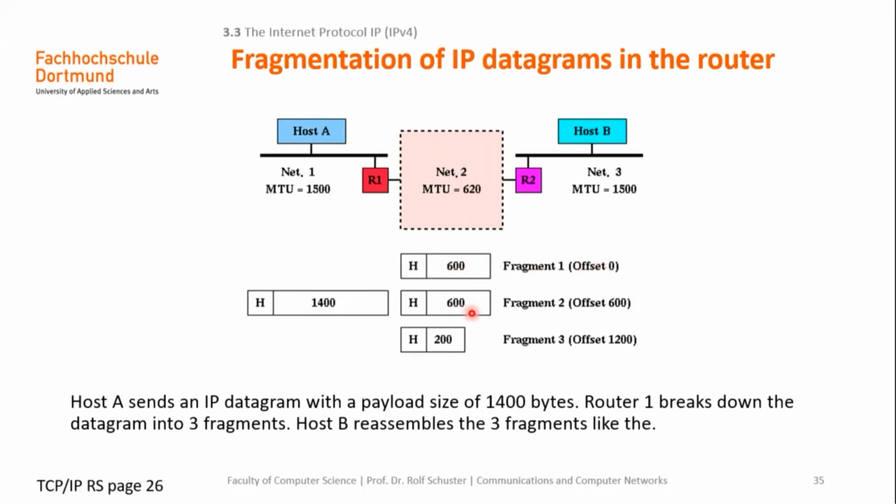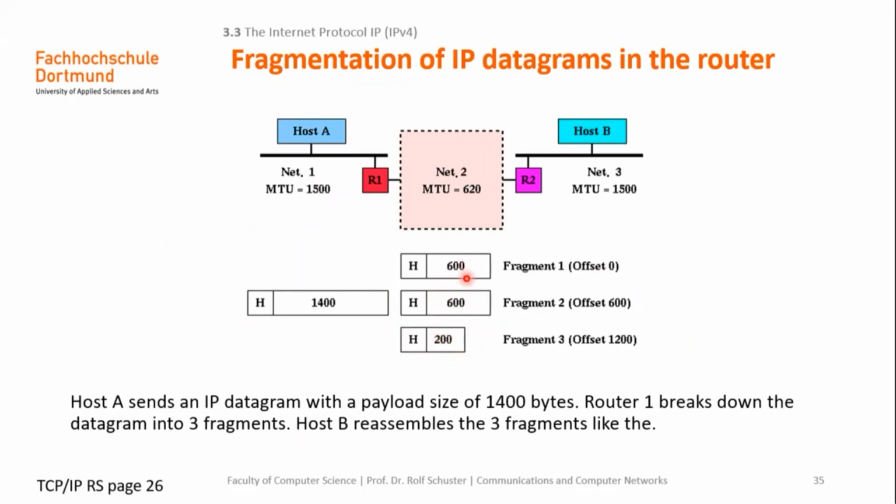This is the second fragment. The offset is 600 because the first octet of this datagram is placed in position 600 in the reassembly process. And in fact, here we have the last fragment of 200 bytes.